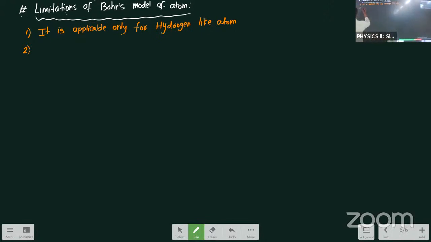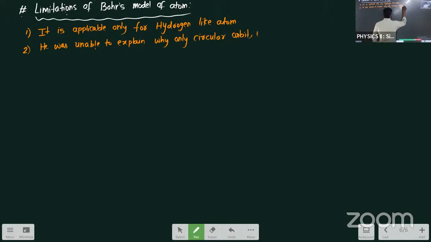So he was unable to explain why only circular orbits, when elliptical orbits are also possible. He was unable to explain.